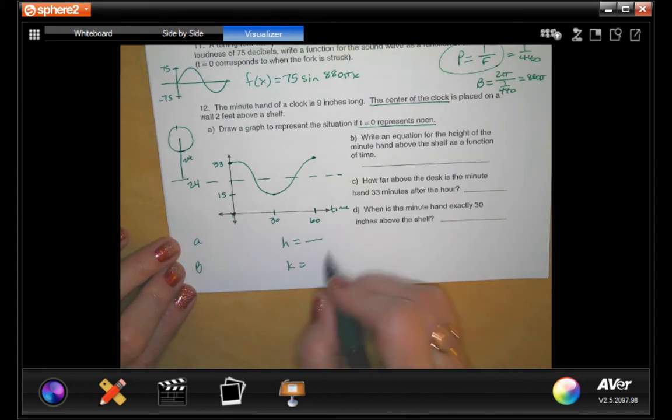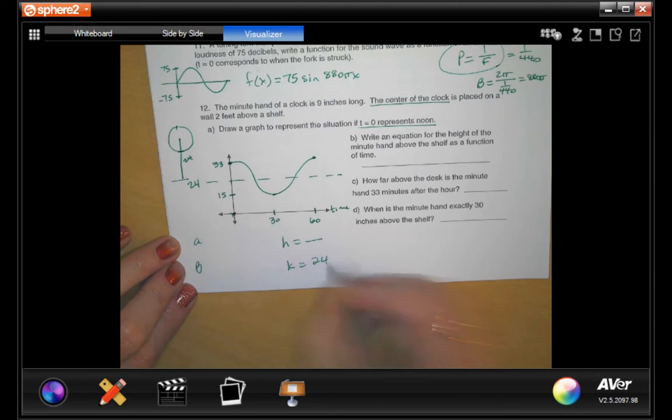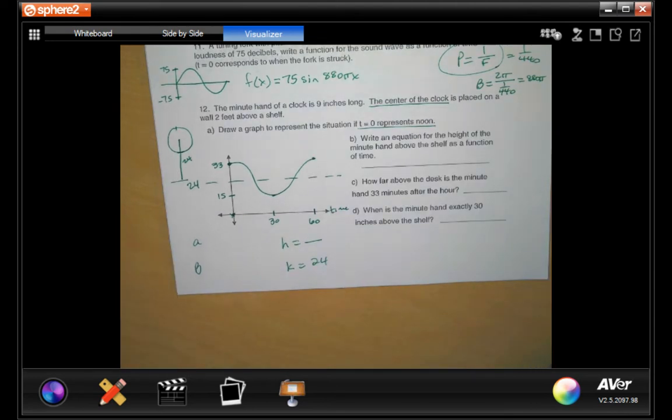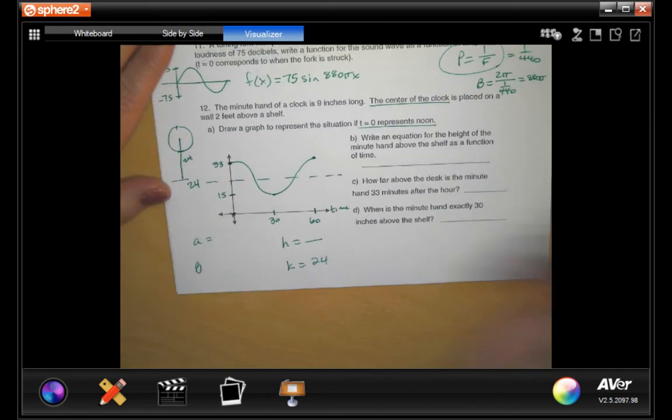It's this line. K is the average or the center, so it's 24. So A, you should know what A is just by how much we moved above the dash line or below. 9. So A is just the length of the minute hand, right?